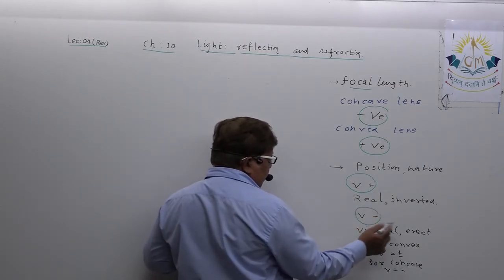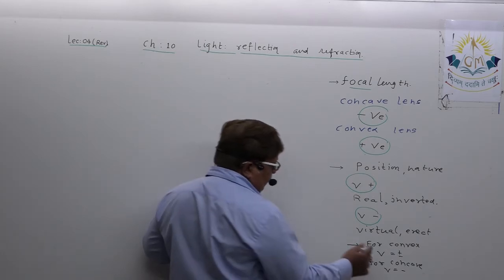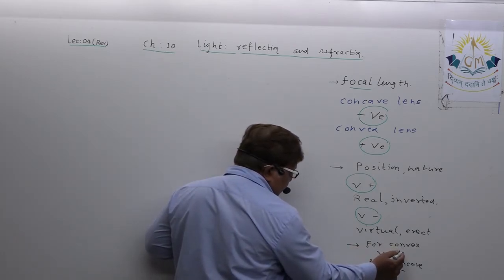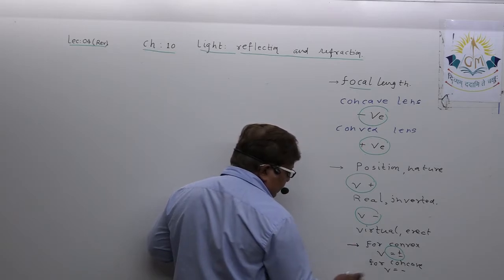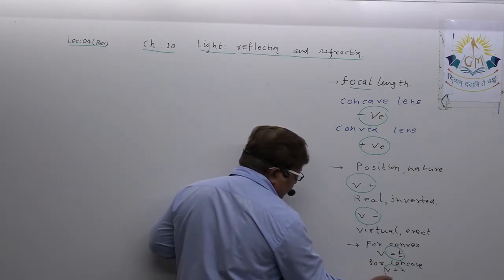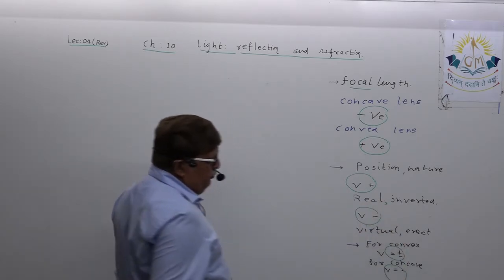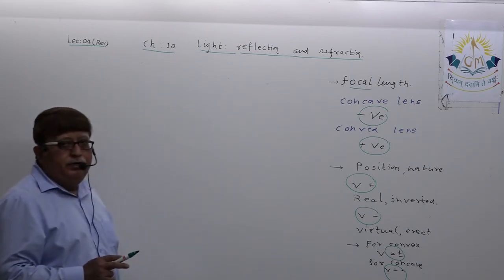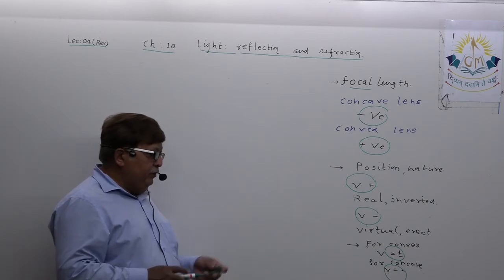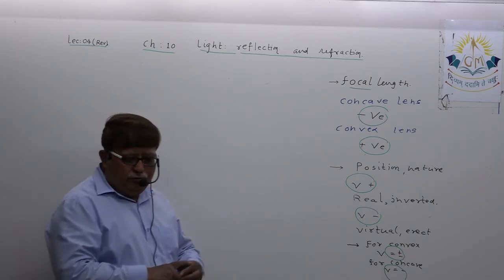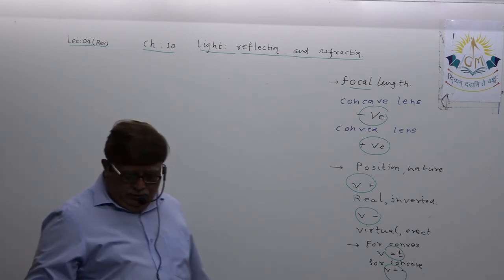V negative, virtual erect. For convex lens, V can be positive or negative, but for concave, V is always and always negative. You understood these important points that need to be kept in your mind.